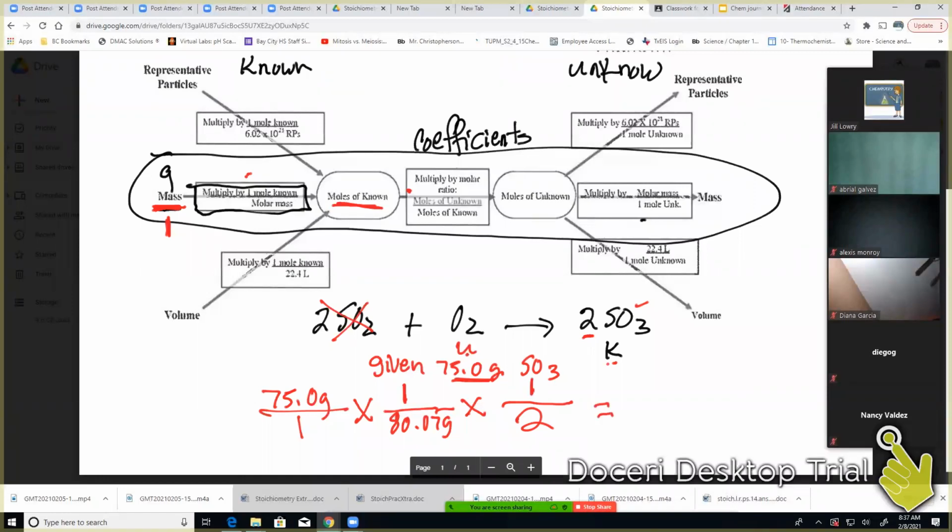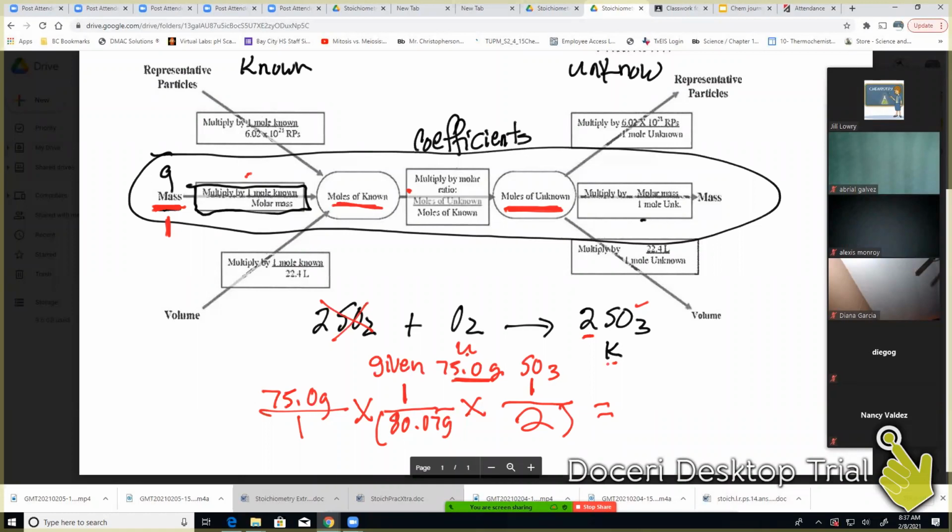I'm going to set my equals because when I do this calculation, I'm going to stop right there, and that's going to tell me my moles of my unknown. So I'm going to do 75 times 1 doesn't change it. So then I'm going to take 75 and I would divide it by, put this in parentheses, 80.07 times 2. So why don't y'all try that so you can make sure that you get it in your calculator right. Did you divide by 80?